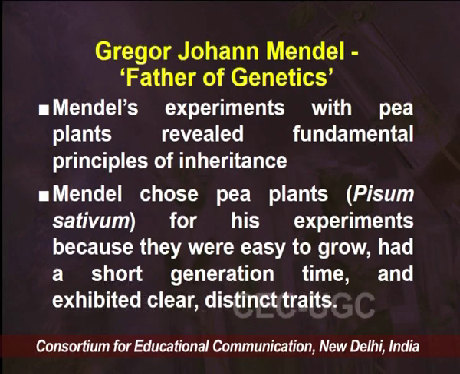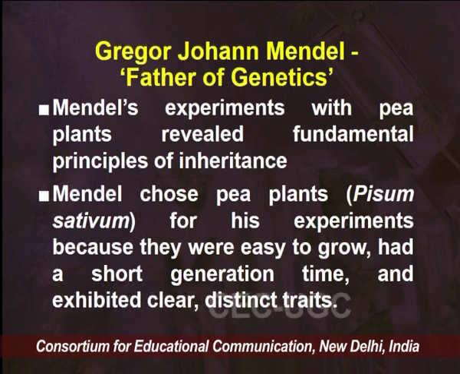There were particular reasons for selecting the pea plant: they were easy to grow, had a short generation time and exhibited clear distinct traits. For experimentation he couldn't use humans or other animals because it was too time consuming for reproduction and pollination.